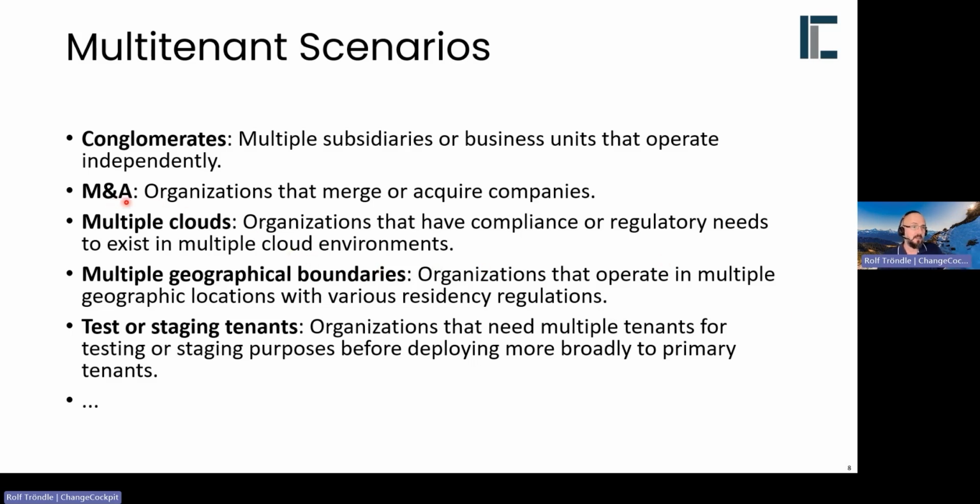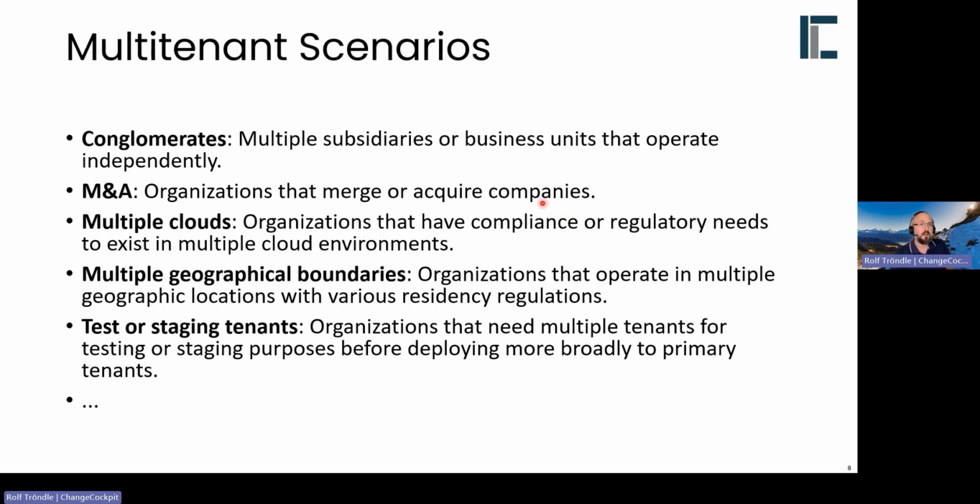Or mergers and acquisitions. So let's say Contoso buys Fabrikam, and we don't want to do a tenant-to-tenant migration, but we want to let them work together more closely. Then these organizations that merge will be closer together using a multi-tenant organization or multi-tenant configuration.